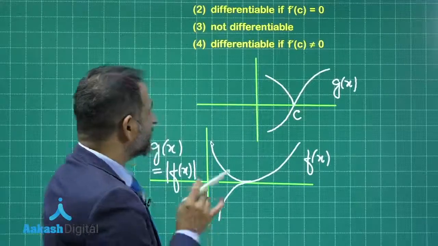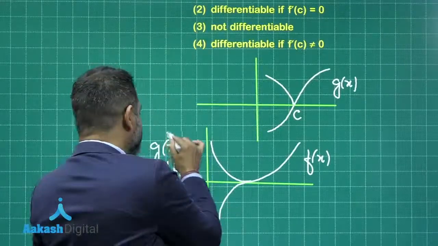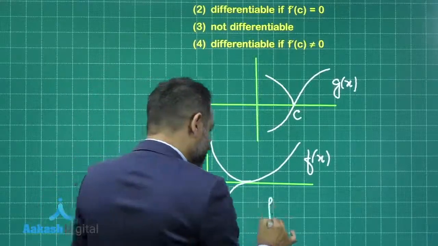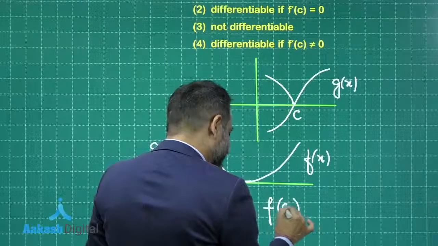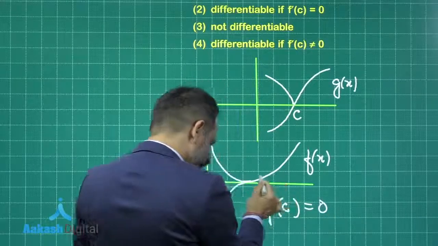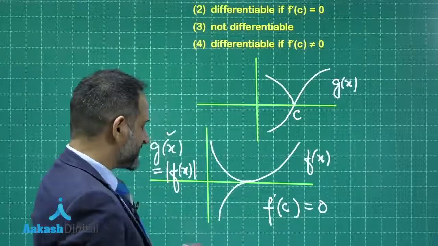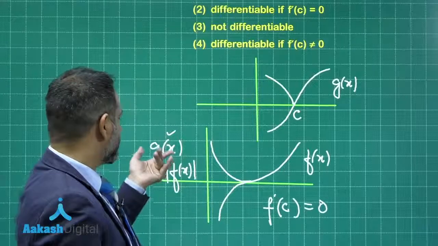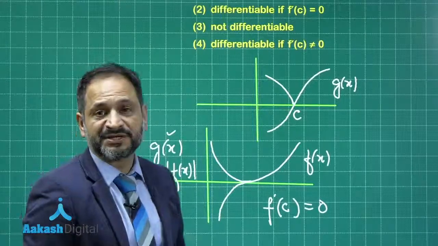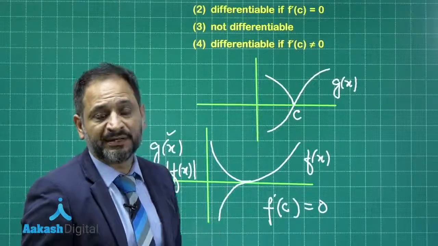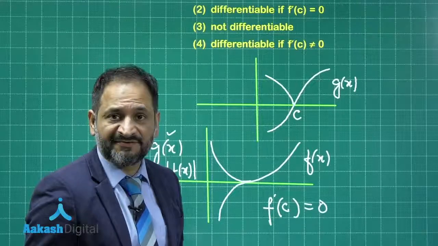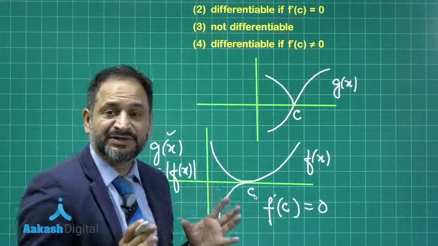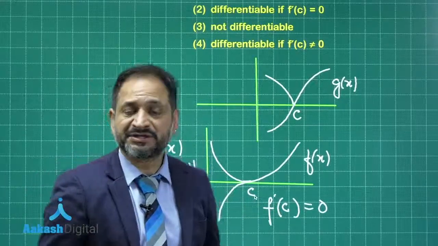So definitely the function is differentiable if the derivative of the function f at c is equal to 0. If there is a smooth turning, that is the derivative at c is 0, then if you draw the mirror image, g of x is also differentiable at this point, provided the derivative of f at the same point is equal to 0. So in that case there won't be any sharp turning.